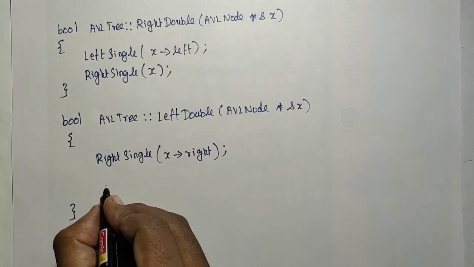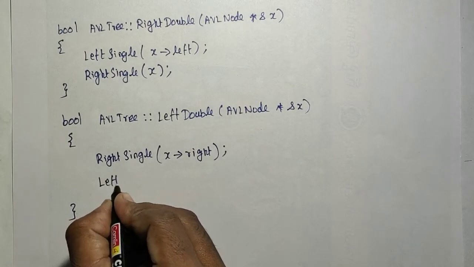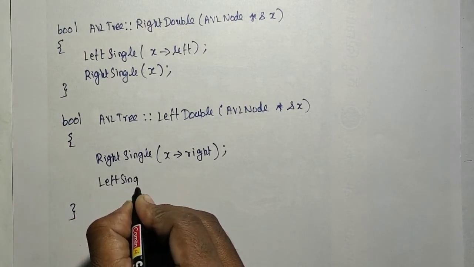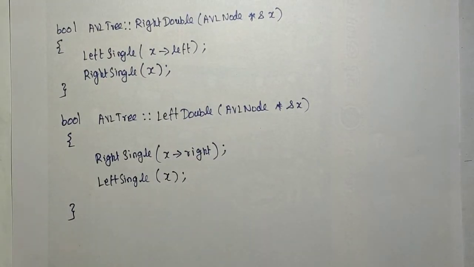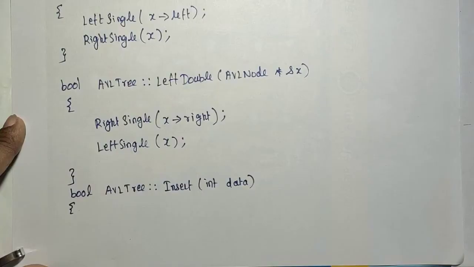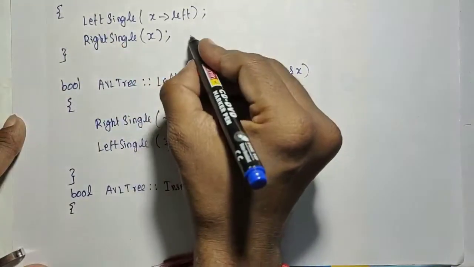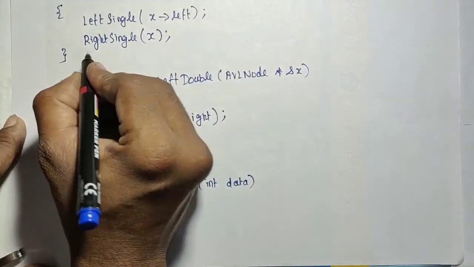And then left single of that main x. So x has to be rotated. So very simple code. We have completed all the 4 functions. Okay, so now we'll discuss that insert. Since that return type is boolean, I need to return true here.